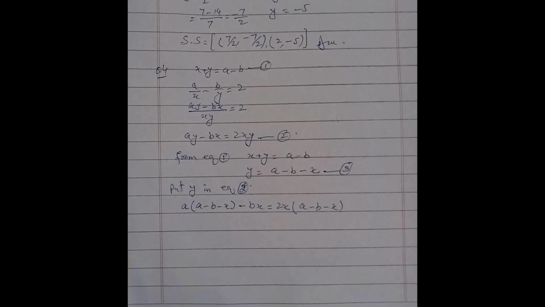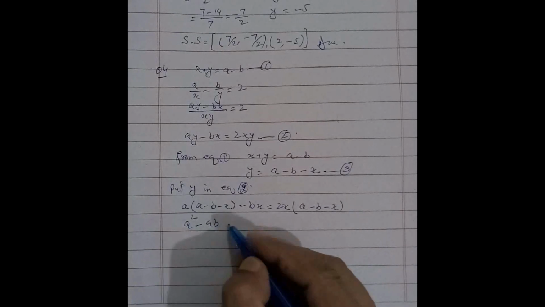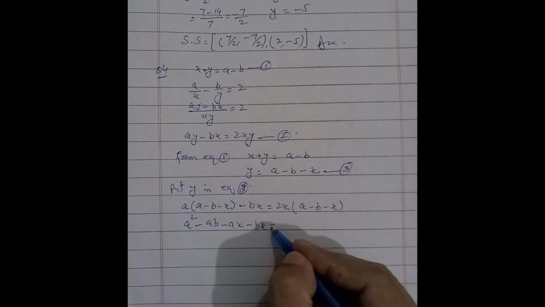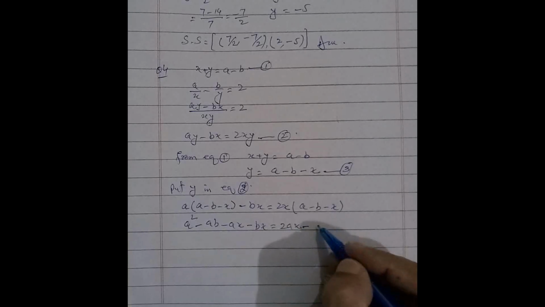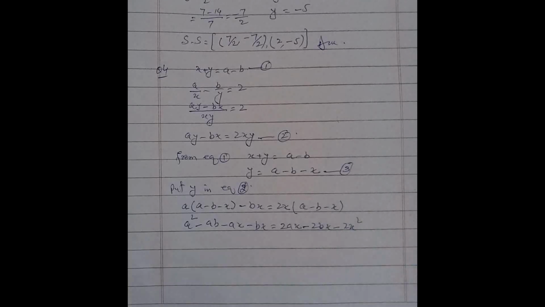Now we simplify these values, we get a² − ab − ax − bx is equal to 2ax − 2bx − 2x².